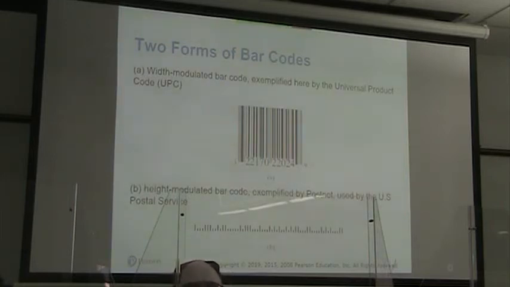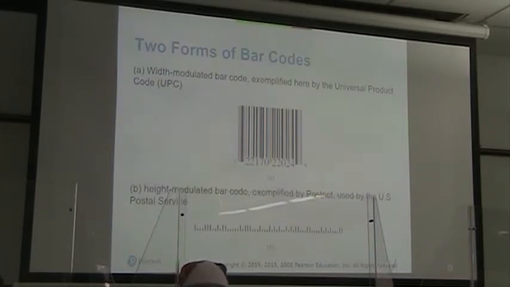We also have the numbers here to back that up. The height modulated barcode is used by the U.S. Postal Service, and every 5 bars is a number.